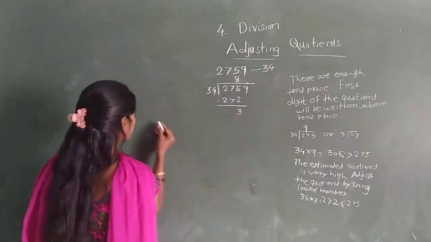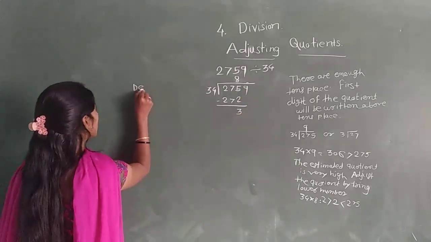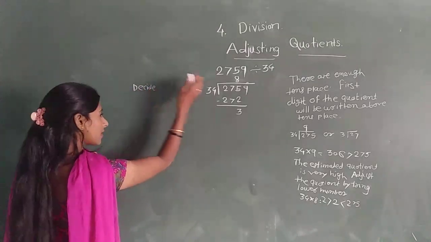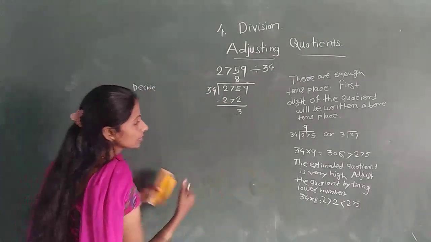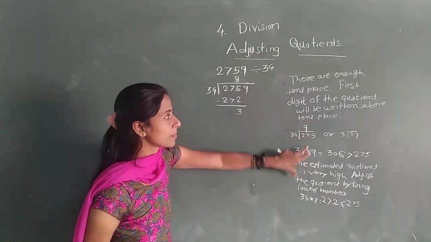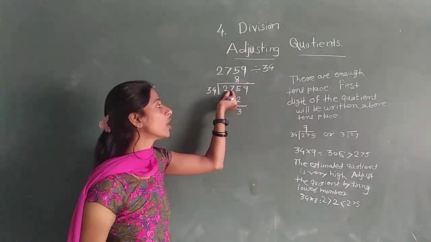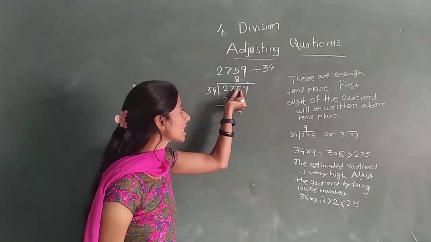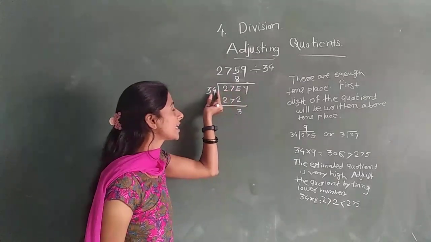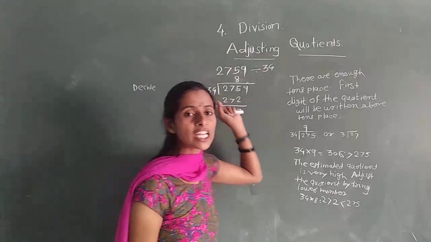To recap the steps: first, there are not enough hundreds, so go to the tens place. 275 is greater than 34, so there are enough tens.